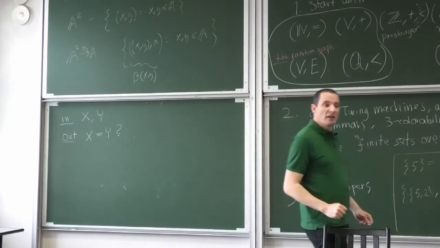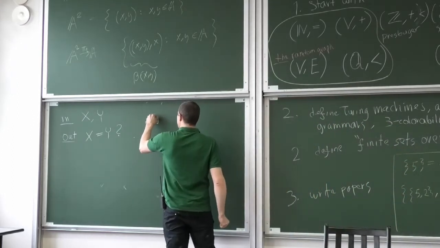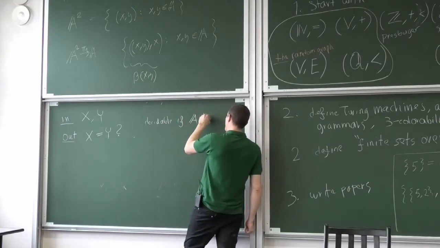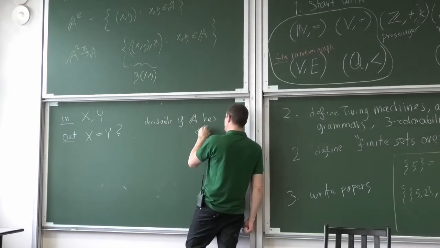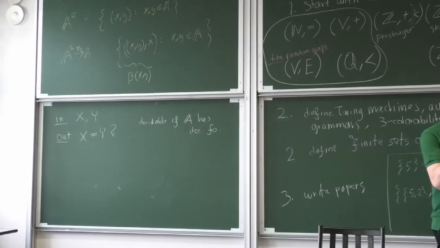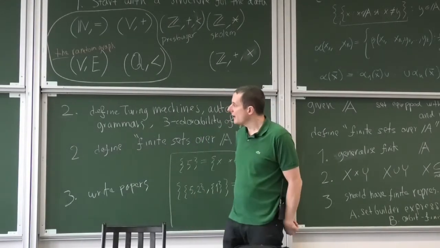But it will turn out that this is going to be decidable if the underlying structure has a decidable first order theory. So given a first order formula, you can decide if it's true or false.